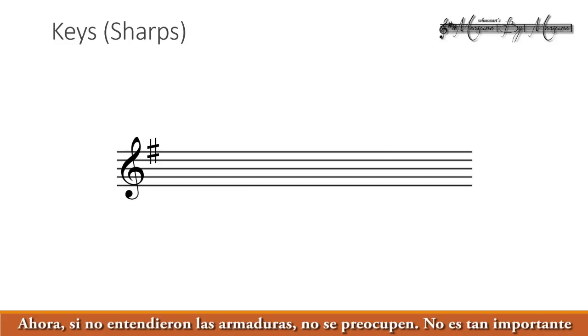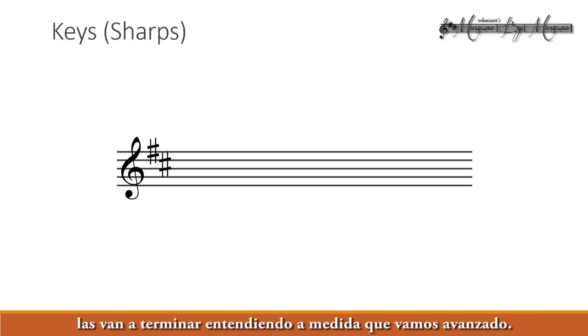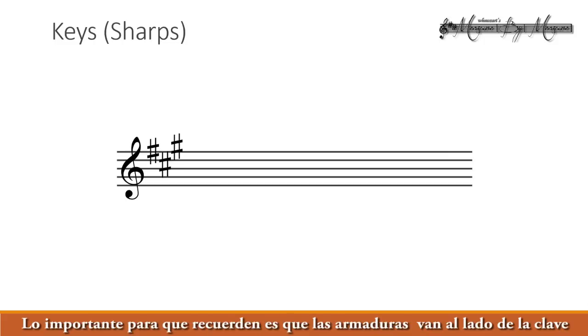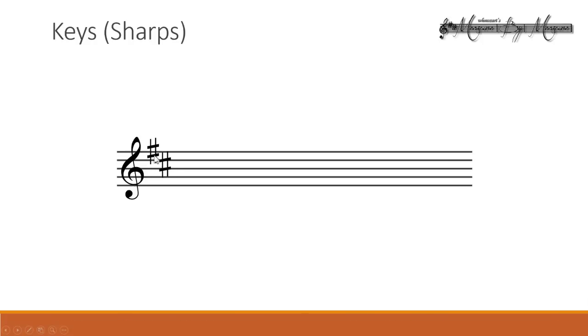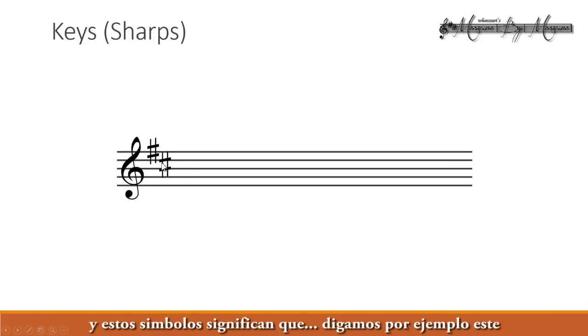Now, if keys don't make sense to you yet, don't worry about it. It's not important. You will understand it with time as we go along. The important thing to remember with these is that the key signature is written right next to the clef, and these symbols mean that, let's say this one is written on an F. See, it's right on the line.